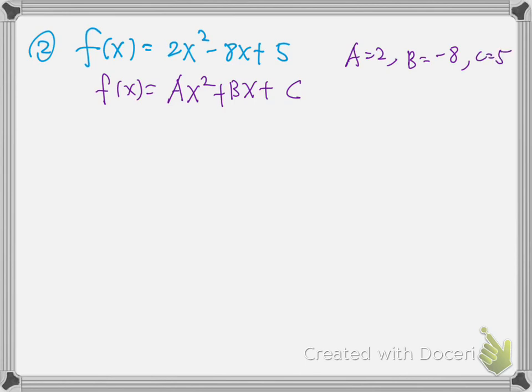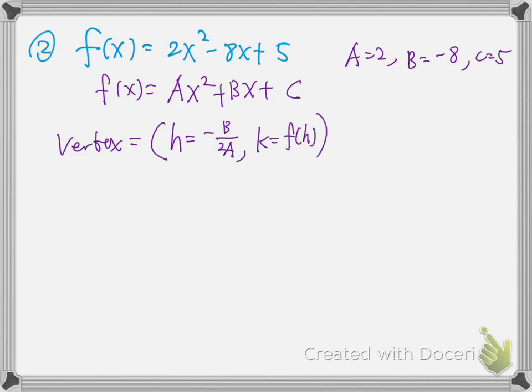For this case, you have to use a special formula to calculate the vertex. So h is -b over 2a, and k is f of h. So it's very easy to find h, and then you plug in h to find k.